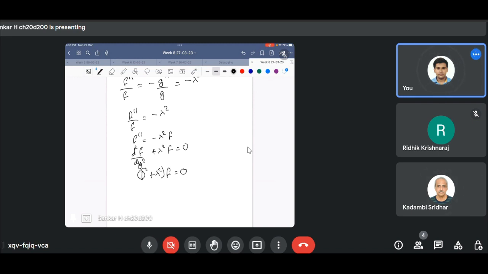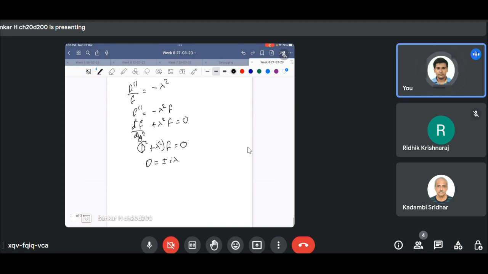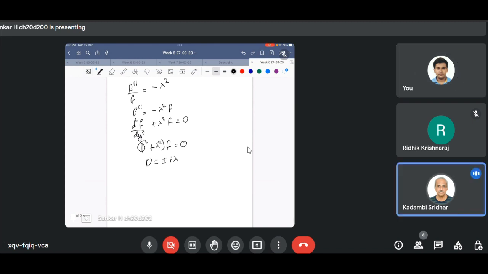I hope you would be able to recollect some of this from engineering mathematics. Yes. So therefore, we solve that d equal to plus or minus i lambda. And what is the solution when the complex roots are obtained for d? E raised to... It's not the exponential one.